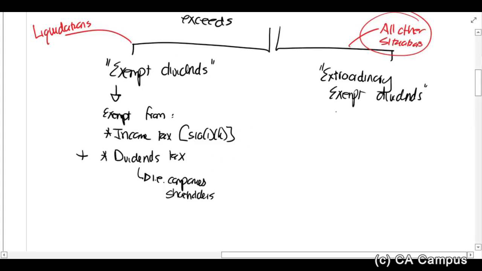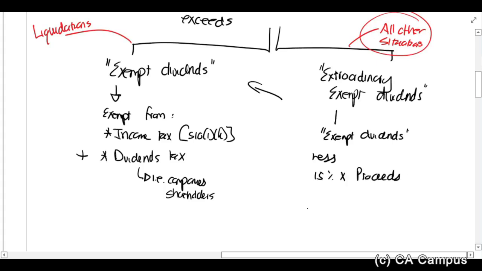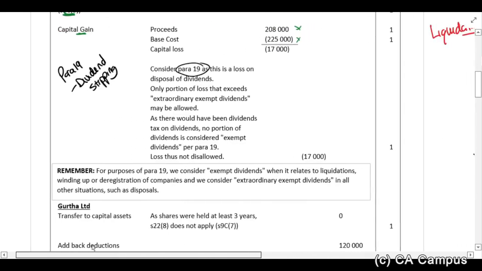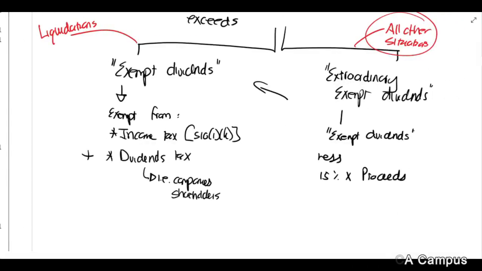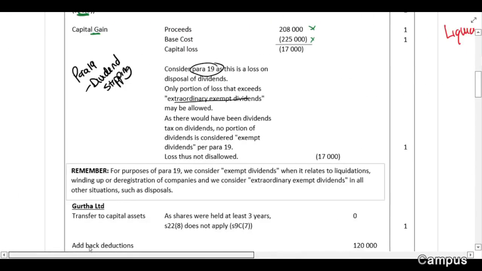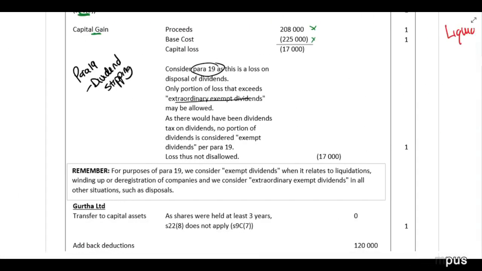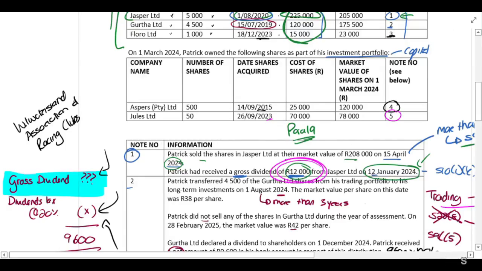An extraordinary exempt dividend is the exempt dividends, which is what we got here, less 15% of the proceeds amount. In this case, you look at the dividends that they received within the last 18 months, which would have been that 12,000.